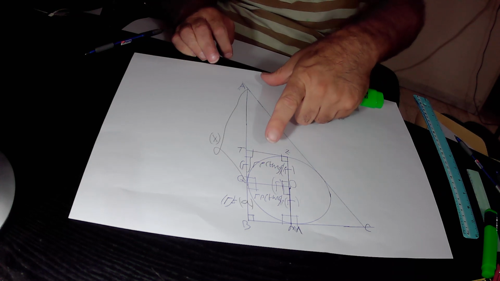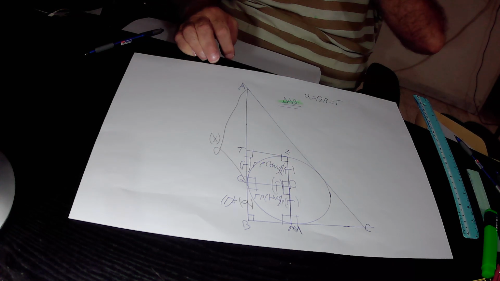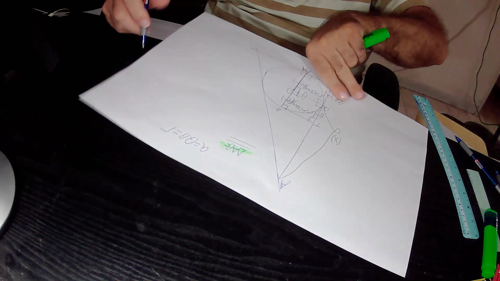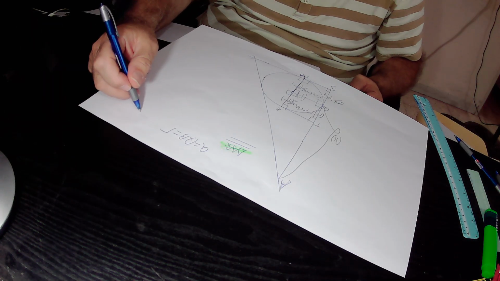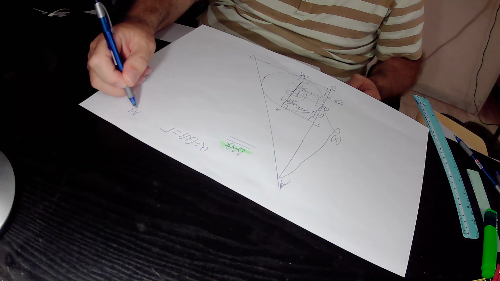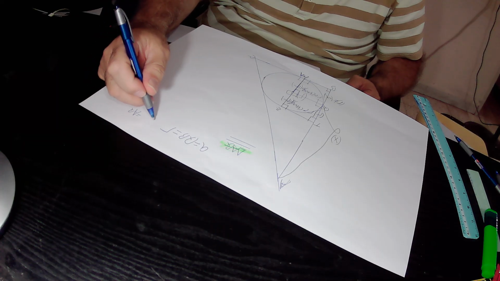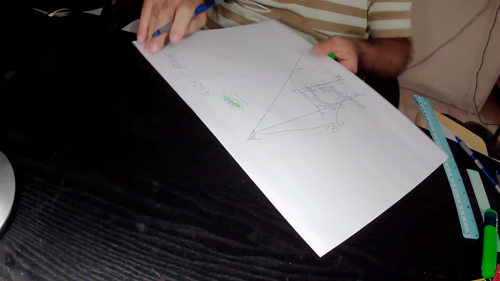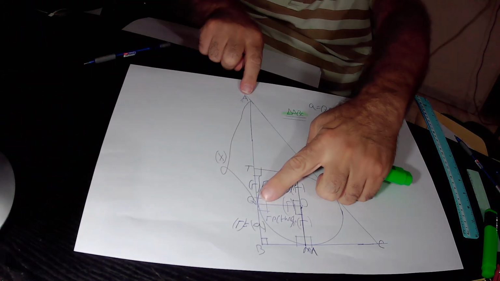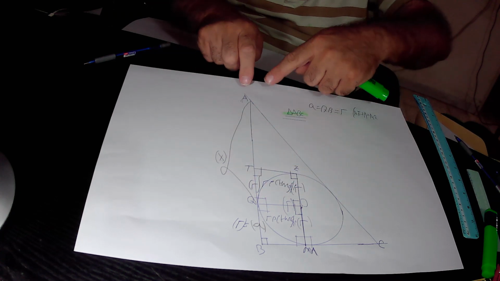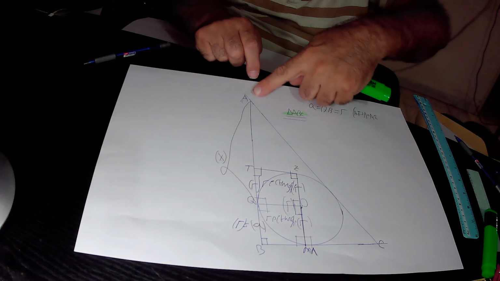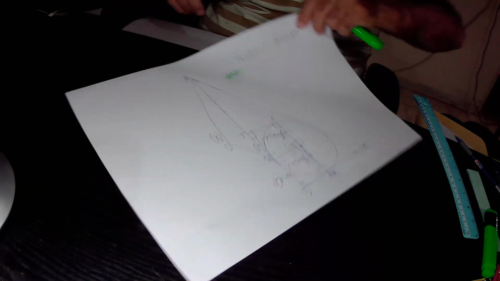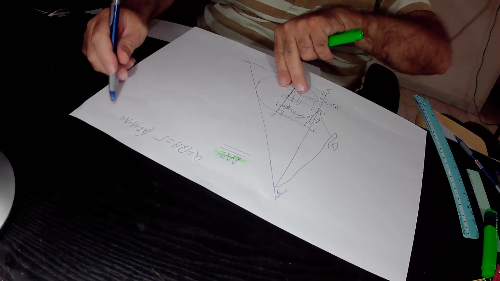TQ is R, so in total line segment AQ equals AT plus R. Line segment AQ equals AT plus R, and of course line segment AQ equals X.